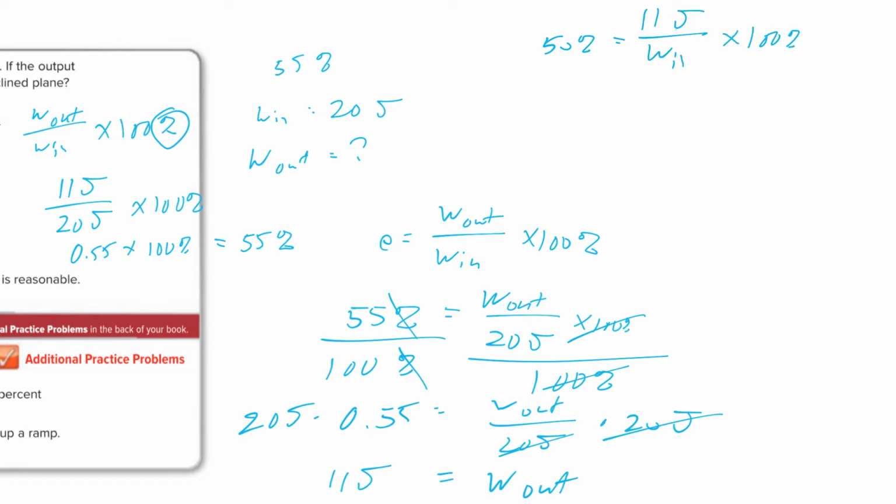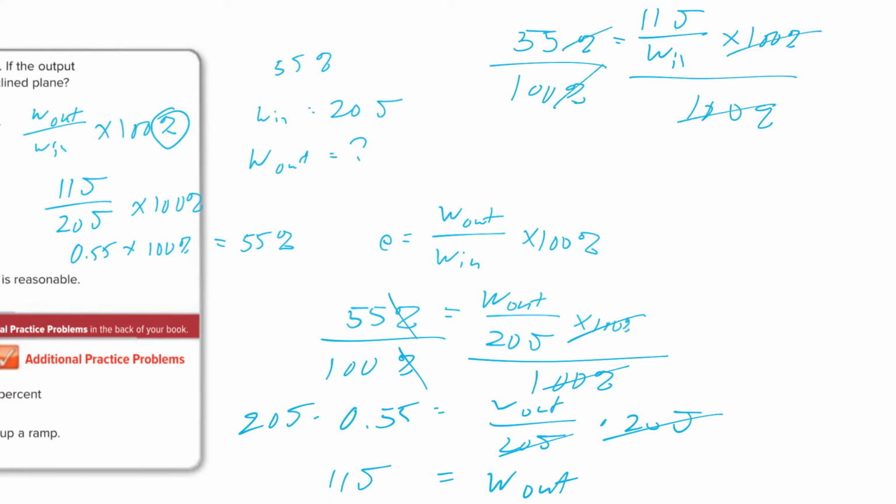Again, don't forget the 100%. Actually, it should be 55, not 50. Let's change that real quick. Okay. So then you divide both sides by 100. Units cancel here.